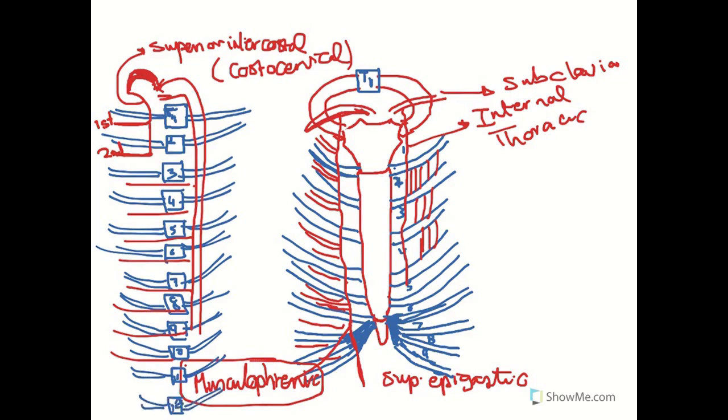And that's all to know about the blood supply. So you have from the 3rd down to the 4th, 5th, 6th, 7th, 8th, 9th, 10th, 11th space, all the way down supplied by the descending thoracic aorta on both sides.